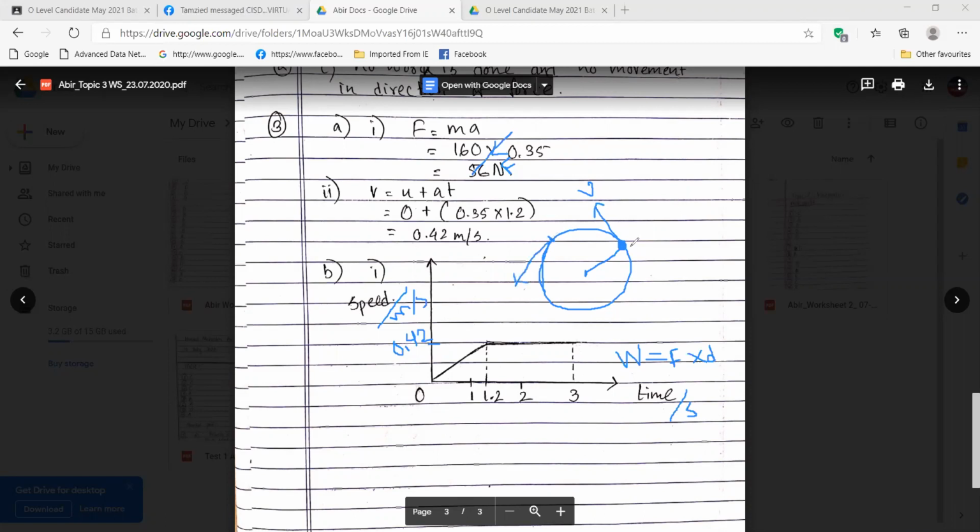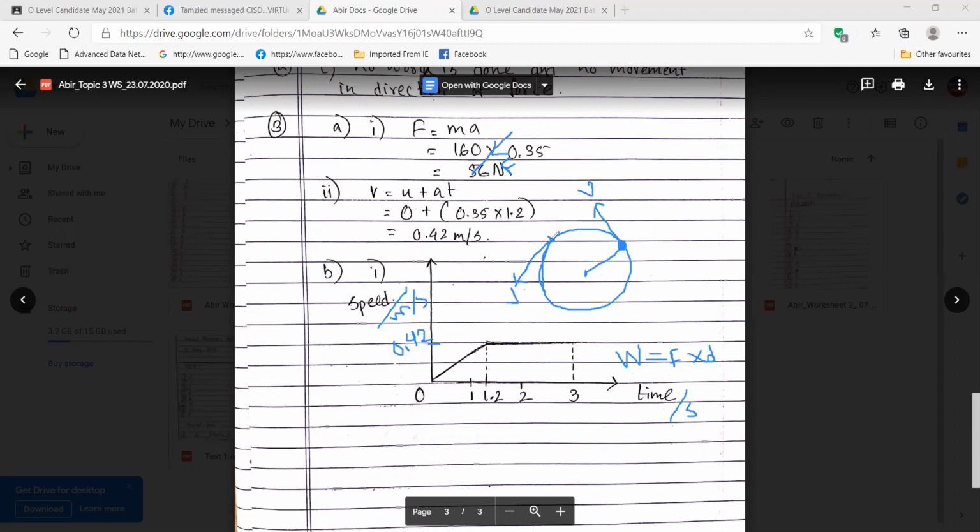So if the string suddenly becomes slack, what will happen? The stone will go in a straight line with constant speed, as it is in space, with no resultant force and no air resistance working.